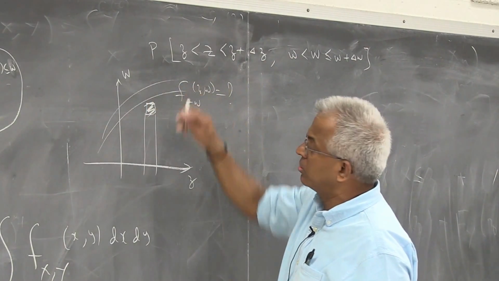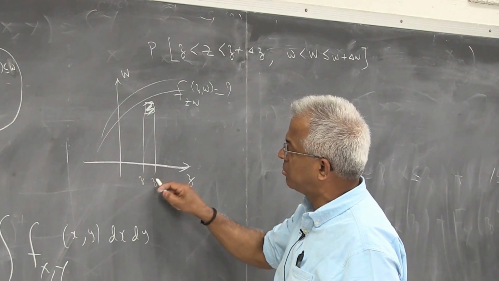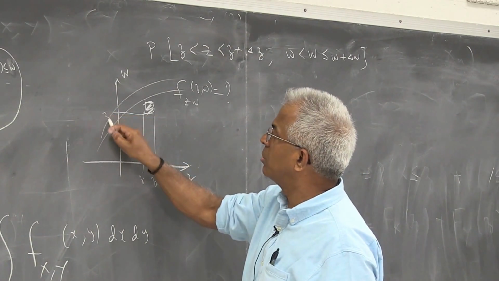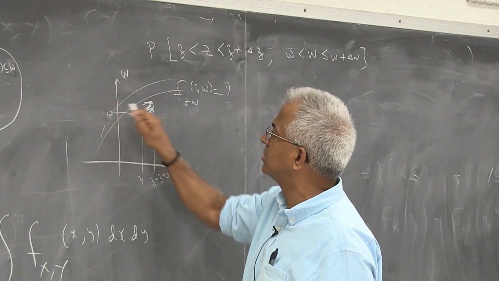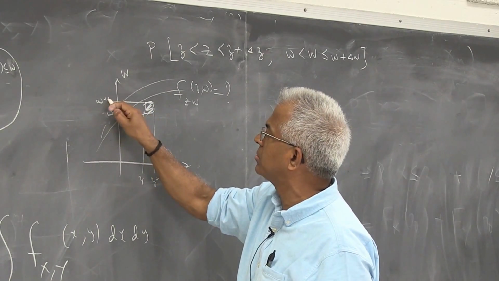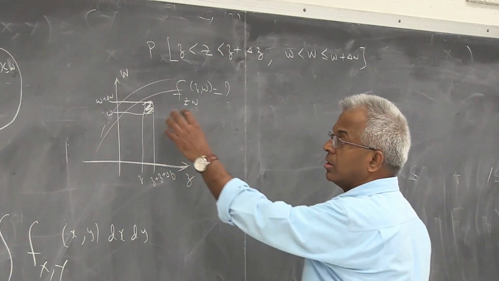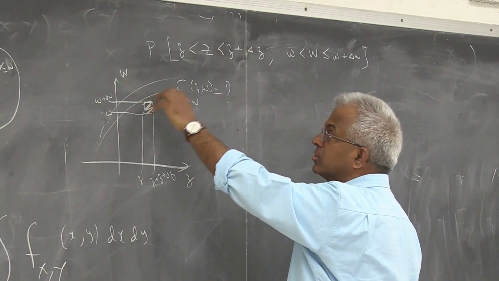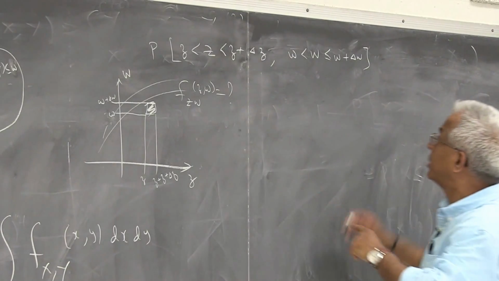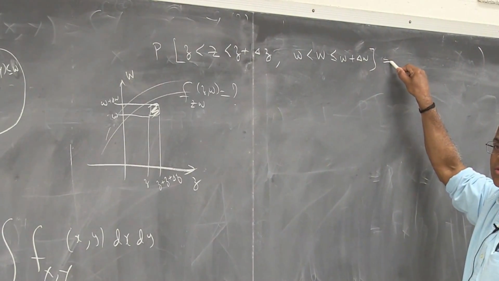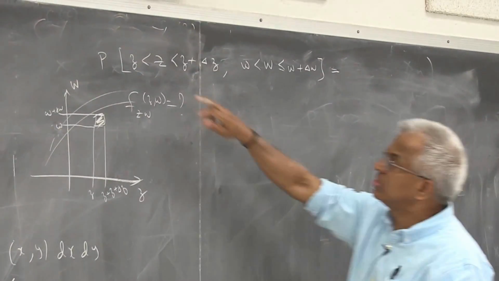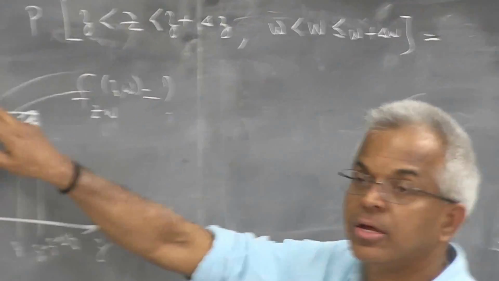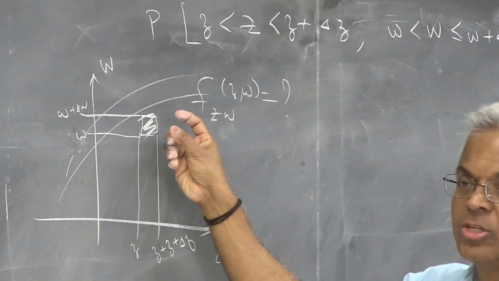So remember this is z plus delta z, this is w, this is w plus delta w. Whether it is unknown or known, once this is the density function, what is this probability in terms of that density function? Of course, this is the area under the joint density function from here to here and here to here, but this region is extremely small.